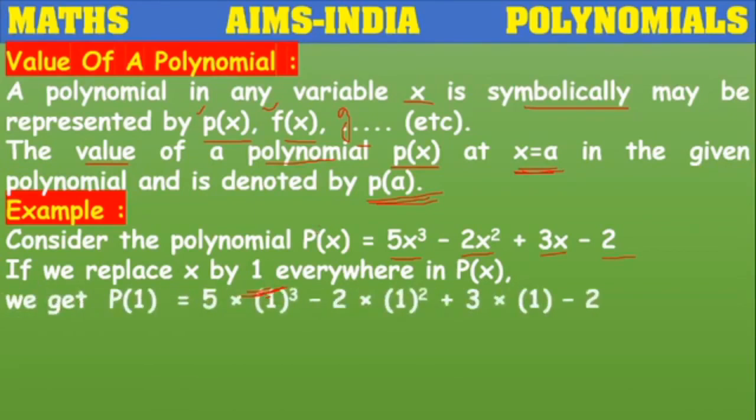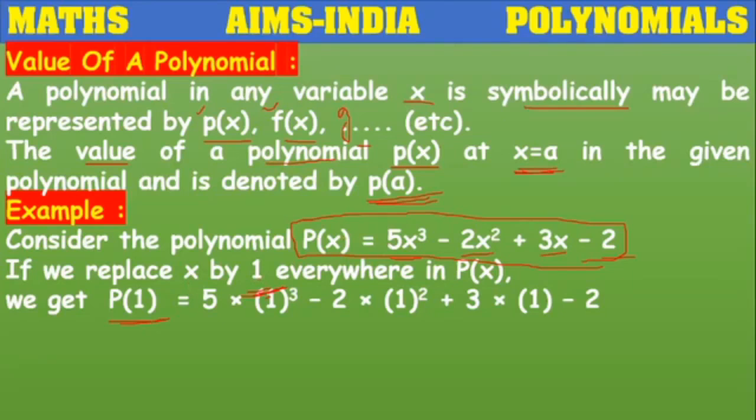We have to replace x everywhere in the given polynomial, wherever we find x, with 1. Then it will be termed p of 1, the value of p of x at variable x equal to 1, denoted by p of 1.